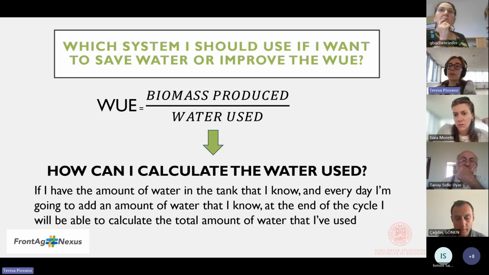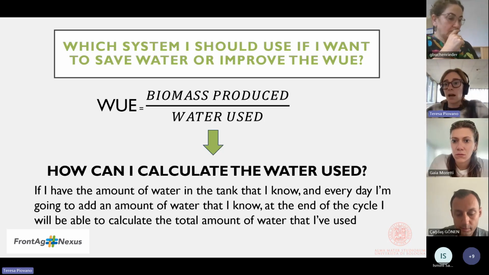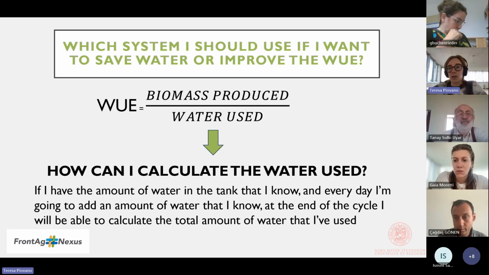So at the end of my experiment, I will be able to define the water that I used over the whole cycle length, and evaluating the yield, the biomass produced, I will be able to calculate the water use efficiency of my system. So is my system sustainable in terms of water use?